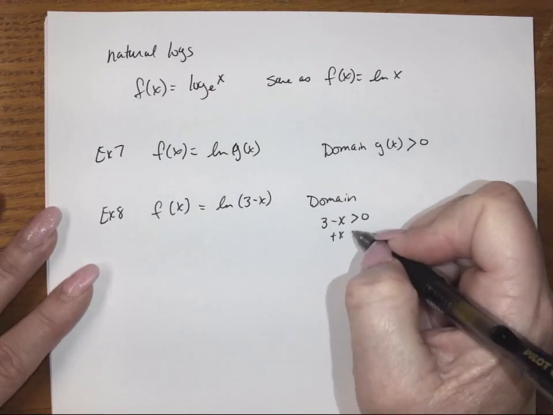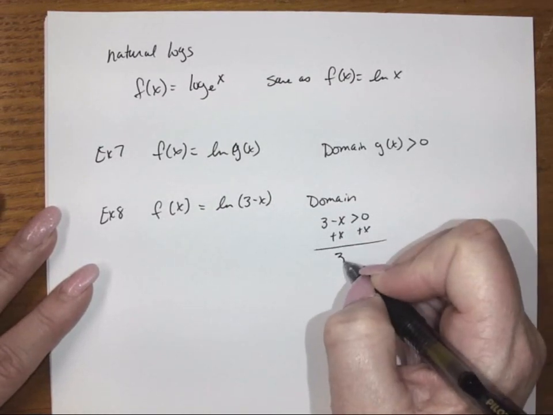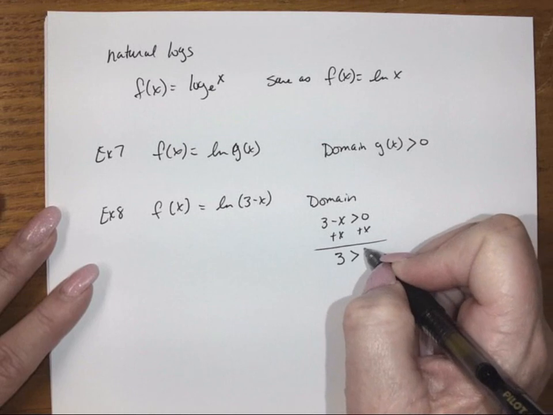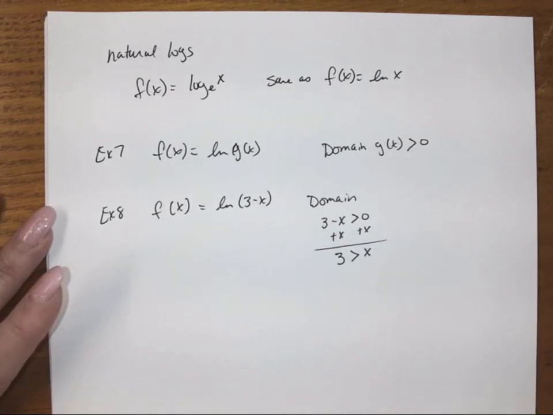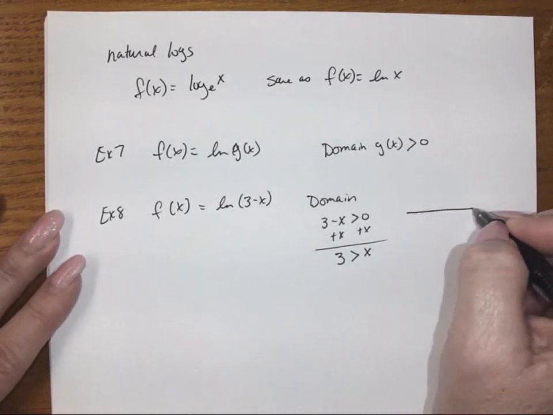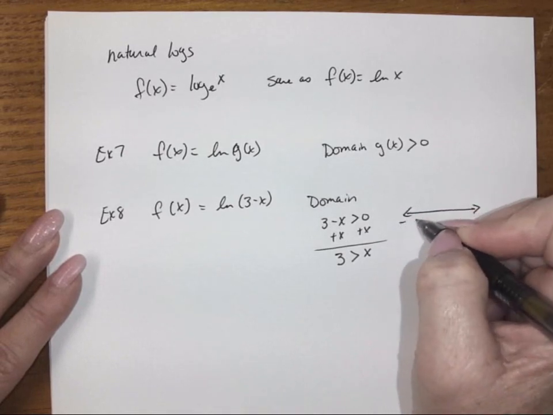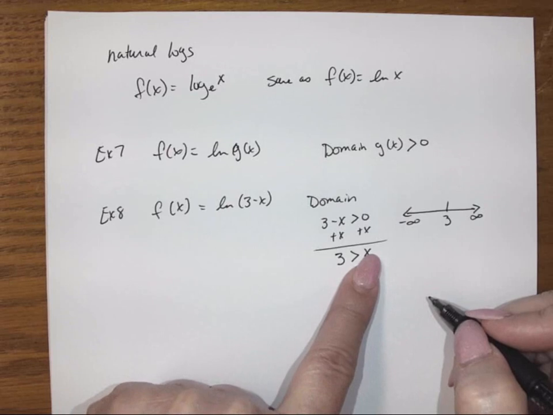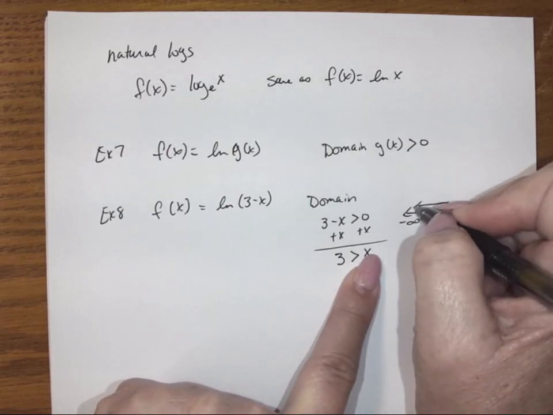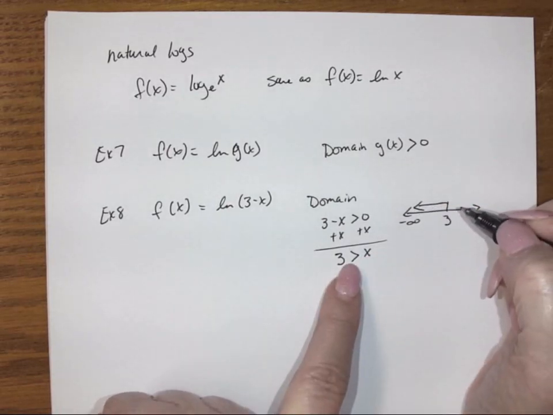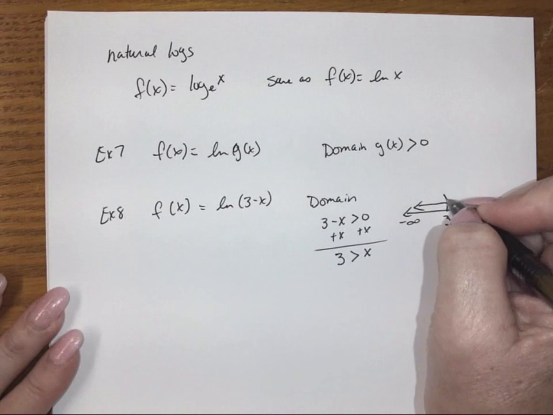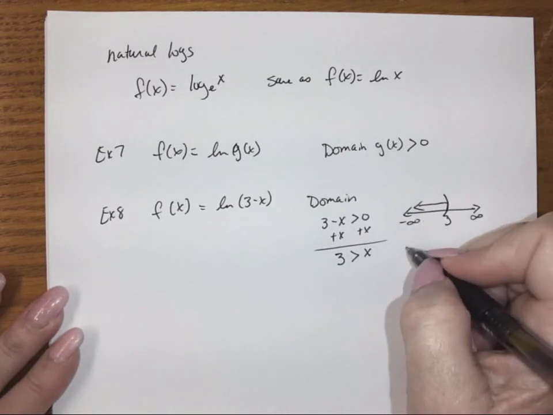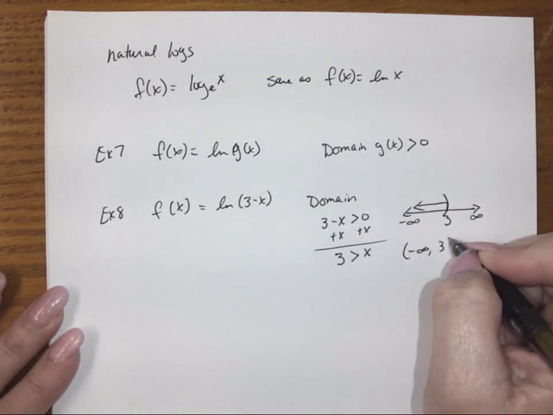So we'll add x to both sides and find that 3 is greater than x, or x is less than 3. So if we're looking at our domain, we have our infinities on there. We need the number 3. X is less than, so it goes to the left. It does not have an equal sign, so it's going to be a parenthesis. So our domain will be from negative infinity to 3.